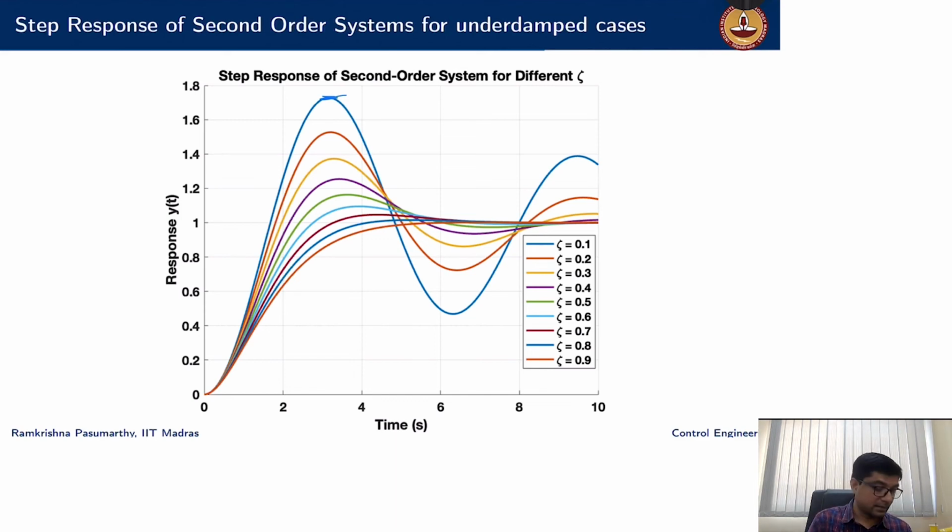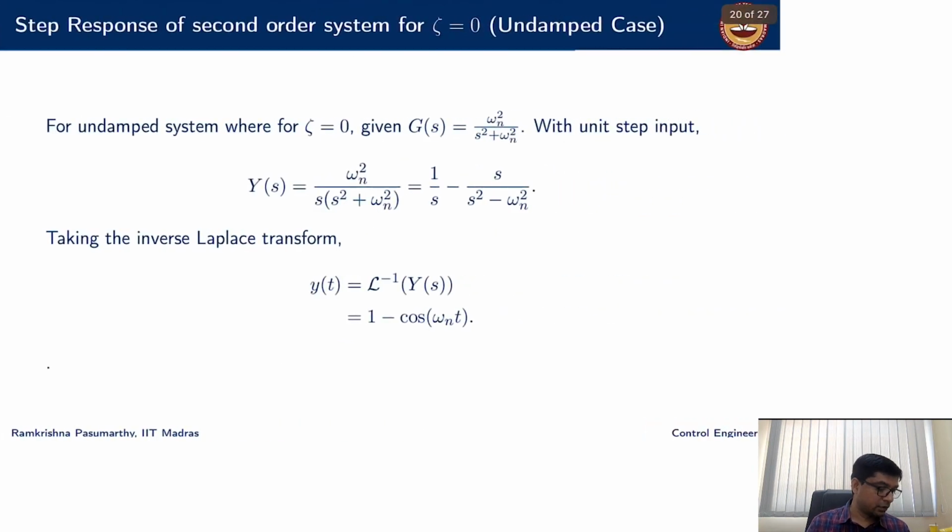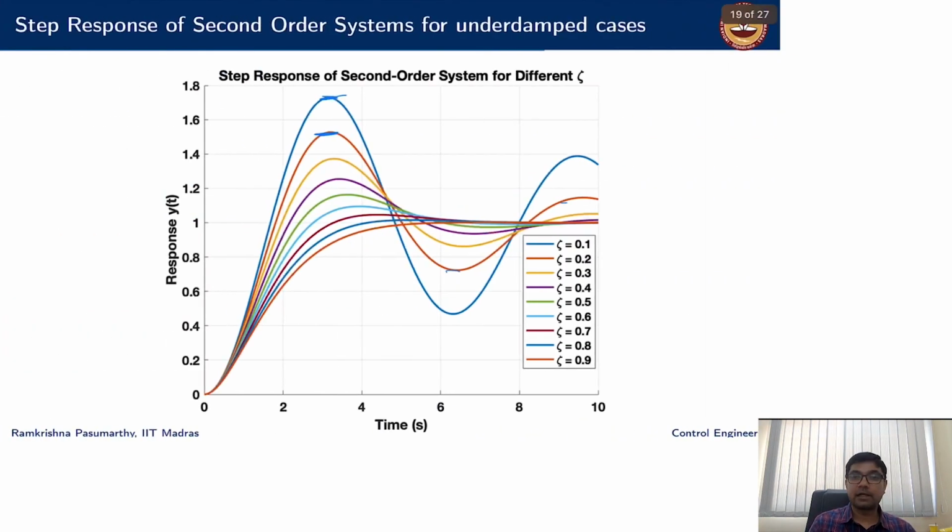As zeta increases, it goes to maybe 1.5 and then oscillates around this point and so on. And as zeta increases towards 1, we see that the oscillations are now of smaller amplitude. The amplitude of the oscillations becomes smaller and smaller. Okay, so this is for the underdamped case.